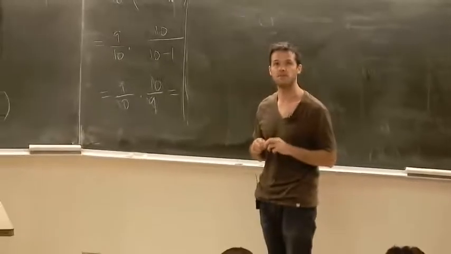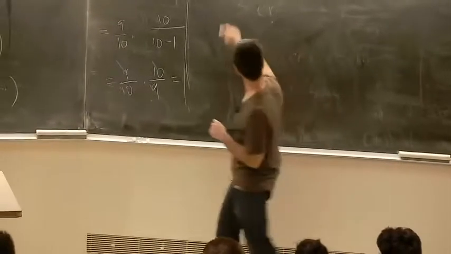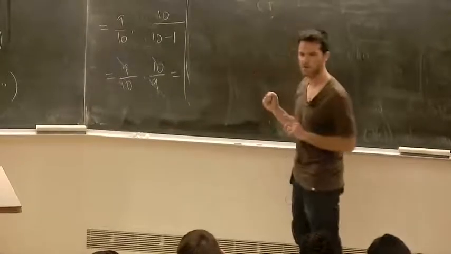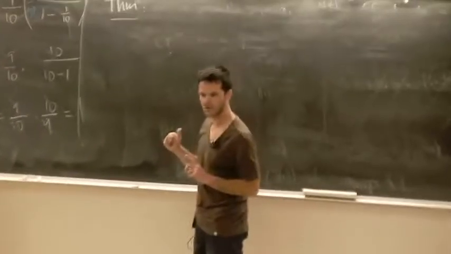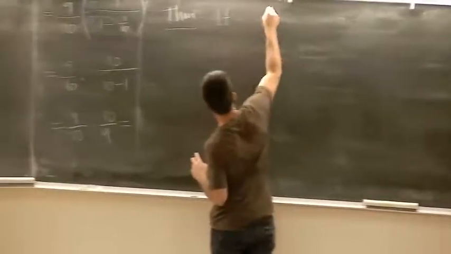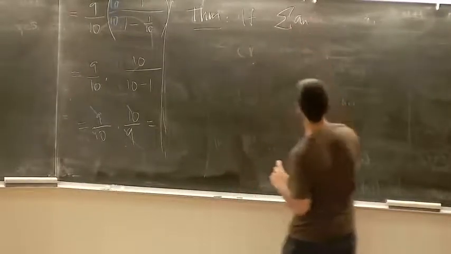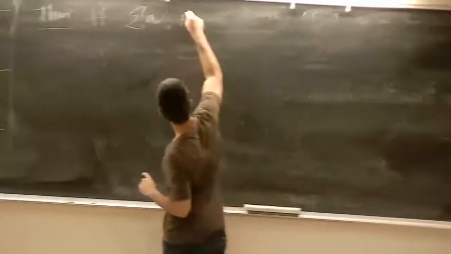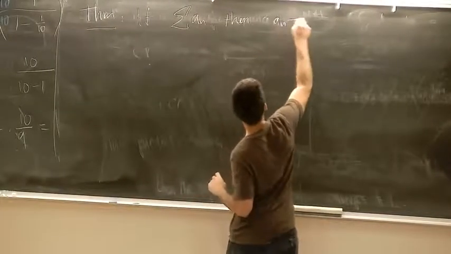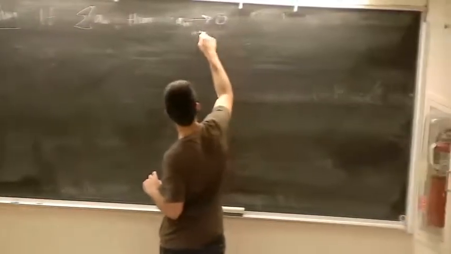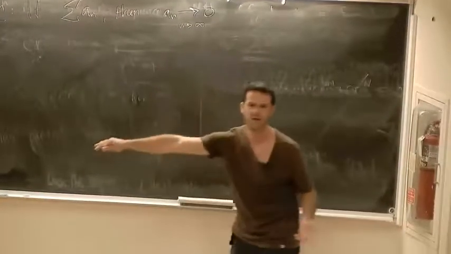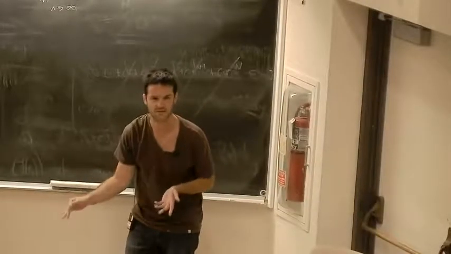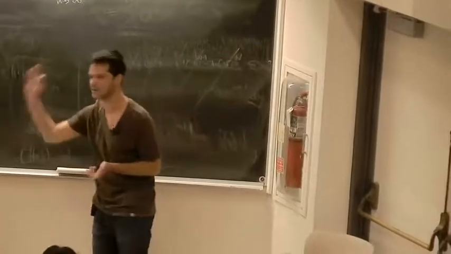Here's your last theorem from section 10.2. And I mentioned this before, but I didn't really make it official. So if you have a series that converges, necessarily the terms have to go to 0. Right? You can't be adding up a bunch of big numbers and expect to get convergence of an infinite series. That's just too much oscillation going on.